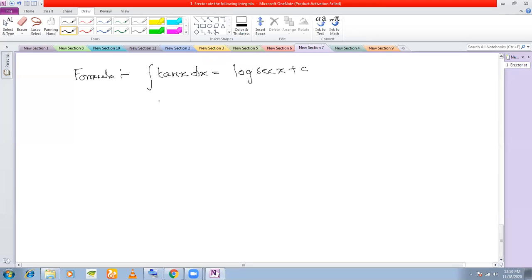And if you have a linear polynomial inside tan, like tan of ax plus b, then we write this as log sec of ax plus b divided by the derivative of ax plus b, which is a, plus c.